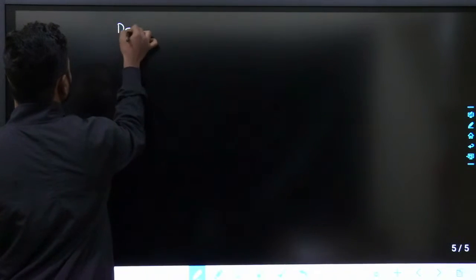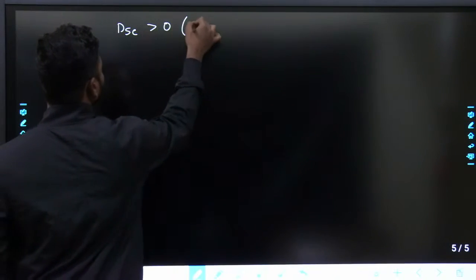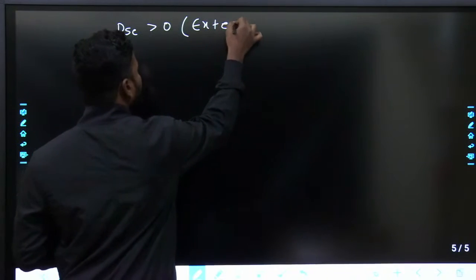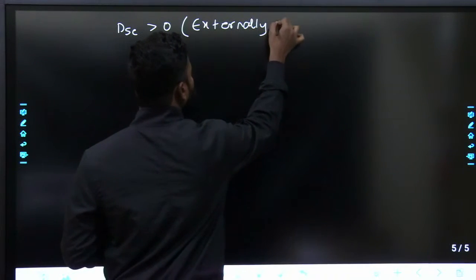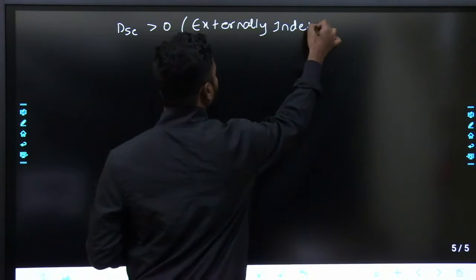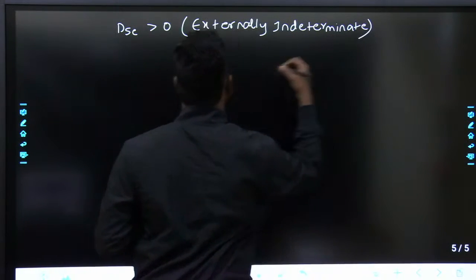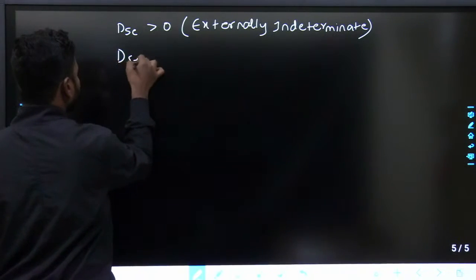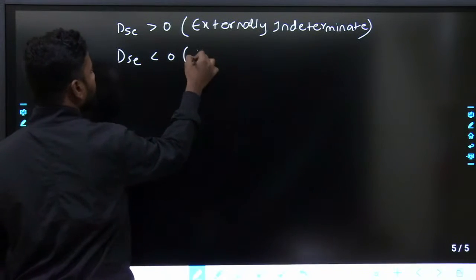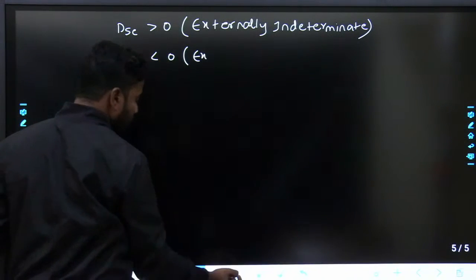Fine. If DSE is more than 0, then it is called externally indeterminate. If DSE is less than 0, then it is considered equal to 0.